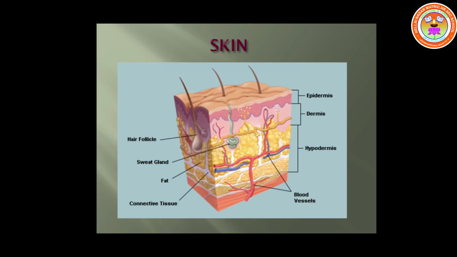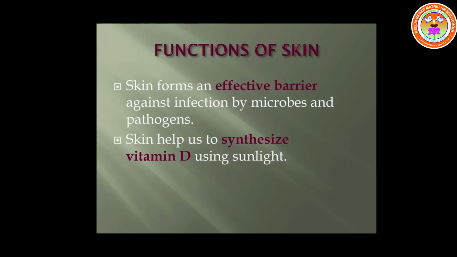Skin covers the body and protects from germs. It also keeps the body moist and regulates the body temperature. Now let us see the functions of skin. Skin forms an effective barrier against infection by microbes and pathogens. Skin helps us to synthesize vitamin D using sunlight.